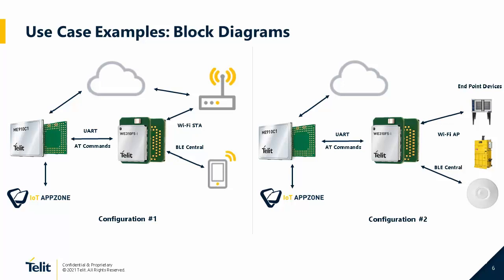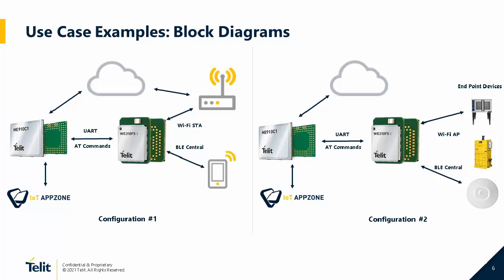They could be Wi-Fi enabled devices, they could be Bluetooth enabled devices. So it offers a lot of flexibility in the case where you have a number of different nodes. It could be hundreds of nodes, and you want to route that data through a cellular connection up to the cloud.